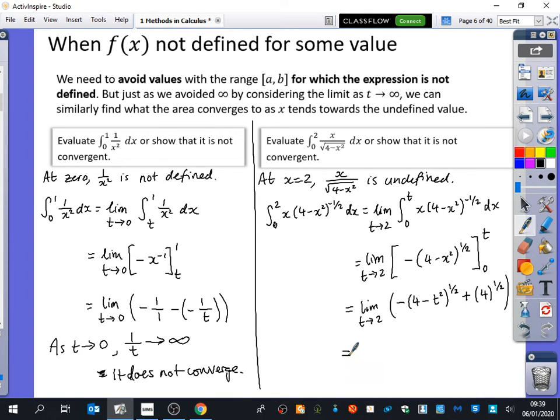And what does this all equal? 2. Because when you say that t goes towards 2, this thing goes towards 0, this thing goes towards the square root of 4. So this one actually does converge, and it converges to 2.